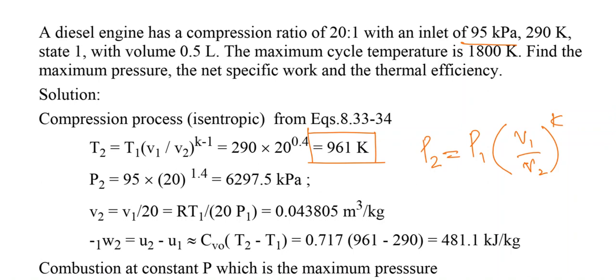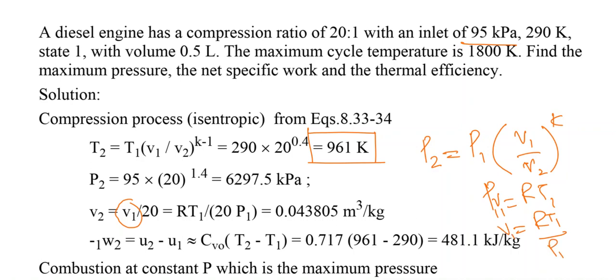For the volume V2, volume V1 can first be found using the equation PV is equal to RT. So P1 V1 is equal to R T1, and V1 would be equal to R T1 divided by P1.